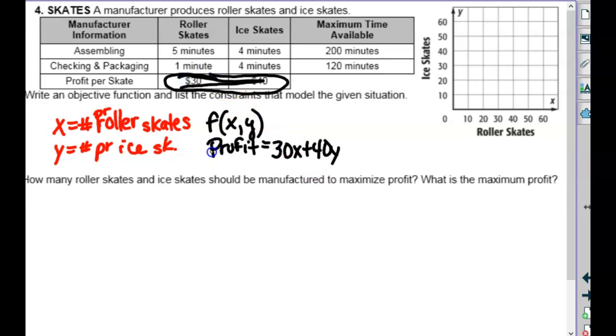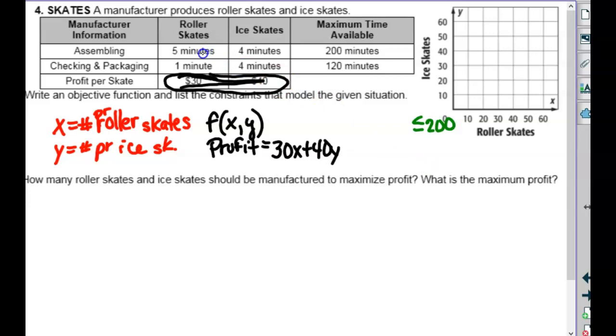Then it gets a little more confusing, but the chart helps a lot. We have a maximum time of 200 minutes on the assembling line, right? So we have to state less than or equal to 200 for assembling. Anybody tell me what that equation looks like?